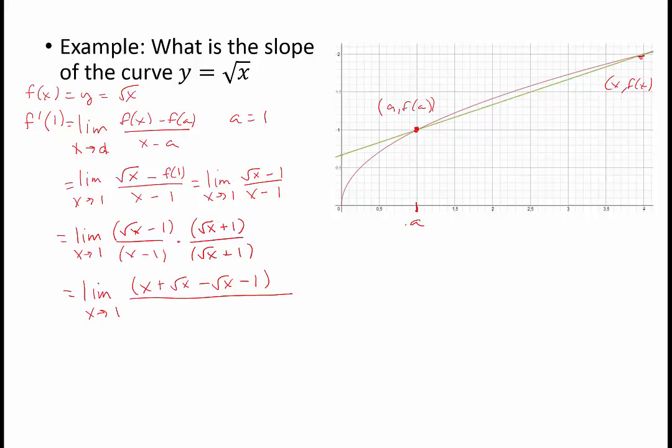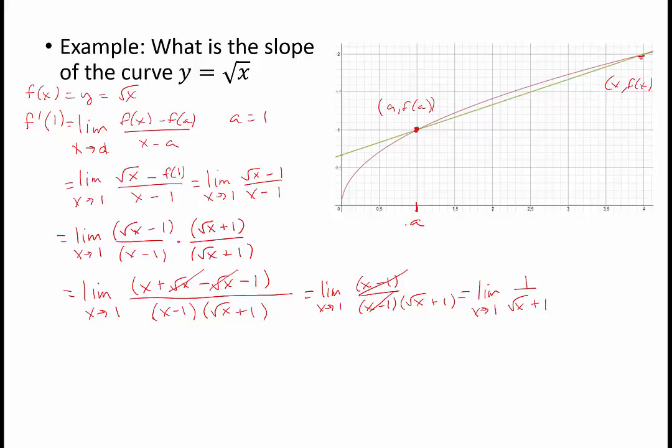And then on the bottom, I'm going to just leave this as x minus 1 times the square root of x plus 1. Now, you can see that the square roots of x cancel, leaving me on top x minus 1 over x minus 1 times the square root of x plus 1, and those two cancel, leaving me the limit as x approaches 1 of 1 over the square root of x plus 1.